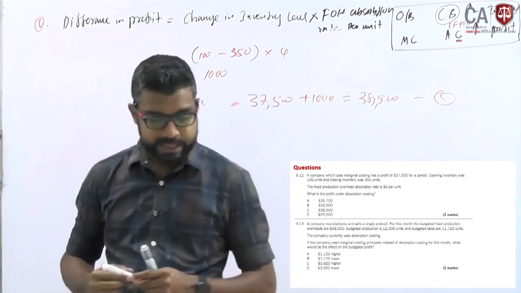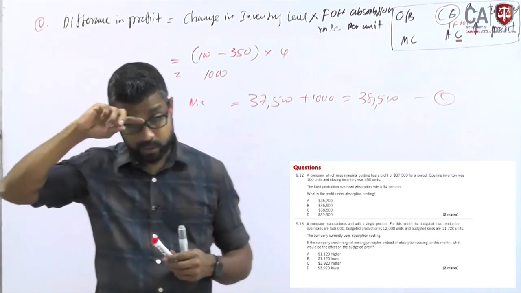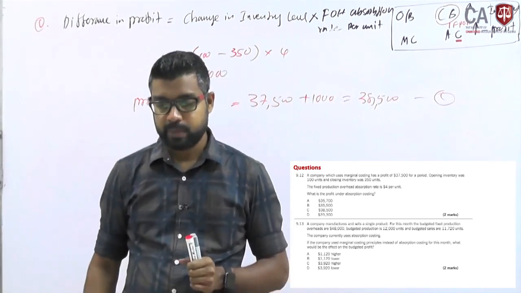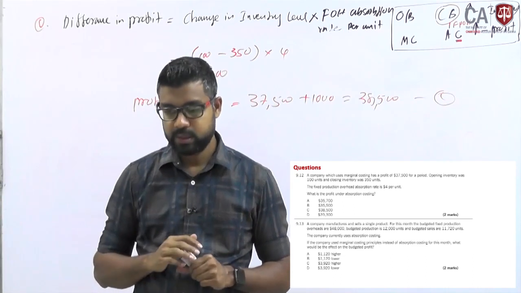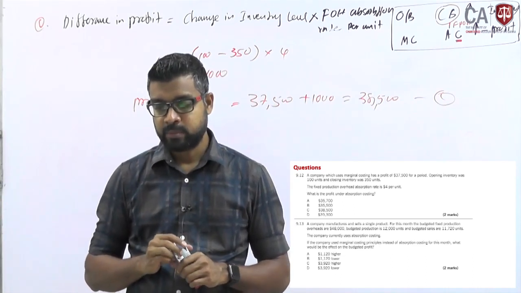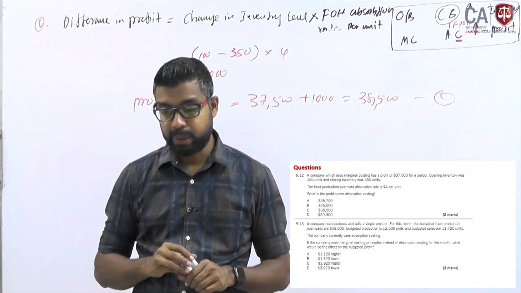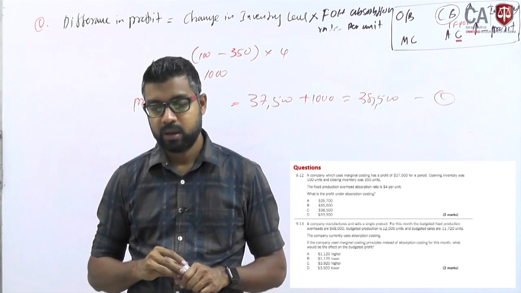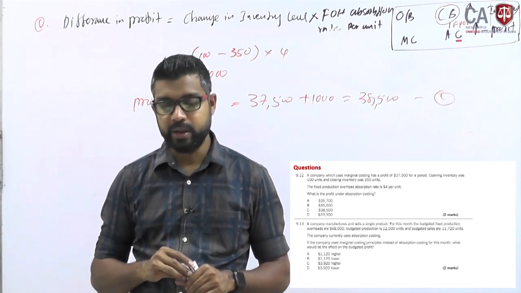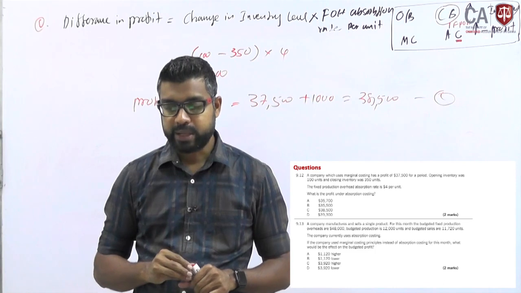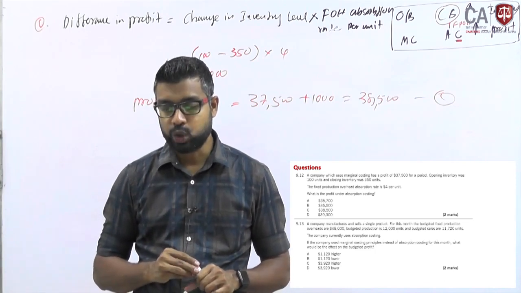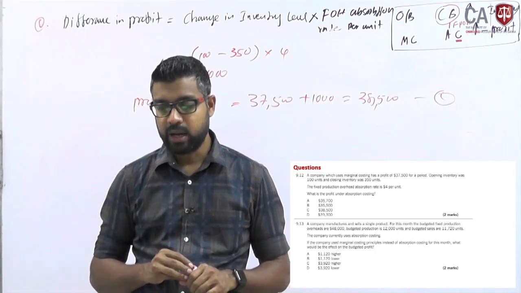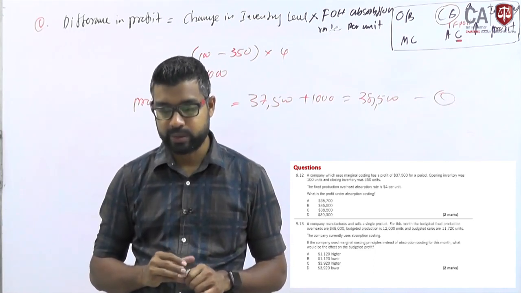Question number 13. A company manufactures and sells a single product. For this month, the budgeted fixed production overhead is 48,000. Budgeted production is 12,000 units and budgeted sales are 11,720 units.